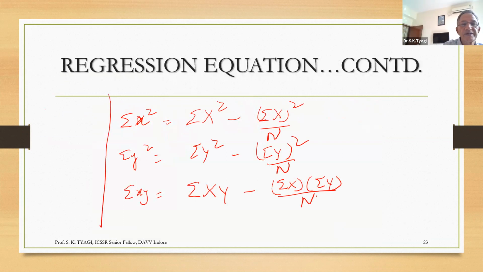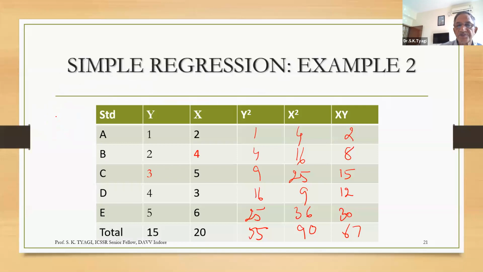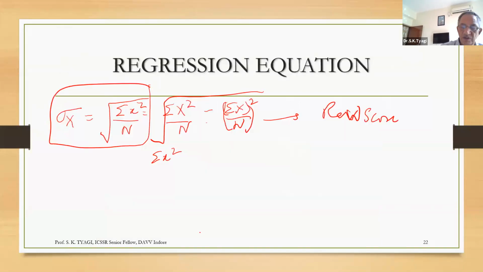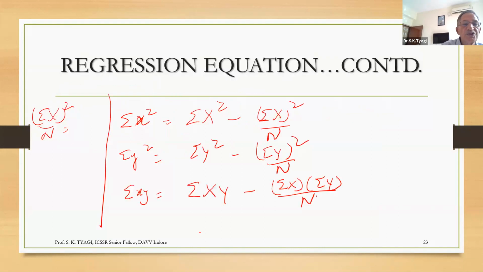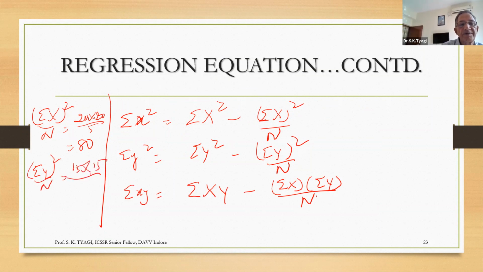We are calculating sigma x whole square upon n. What is sigma x? Sigma x is 20. So 20 into 20 divided by 5 is equal to 80. Correction term for y, sigma y whole square upon n is equal to 15 into 15 divided by 5, so 45.